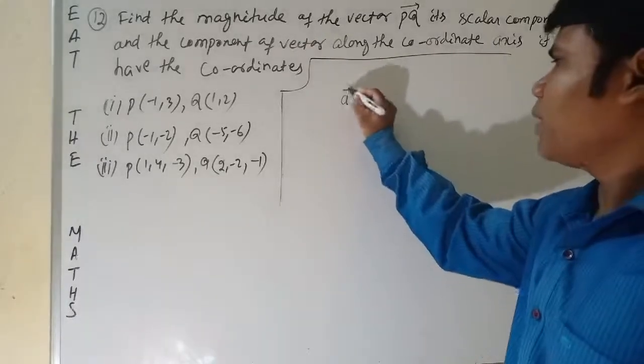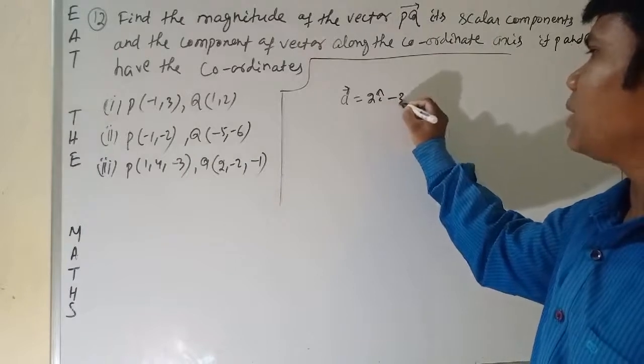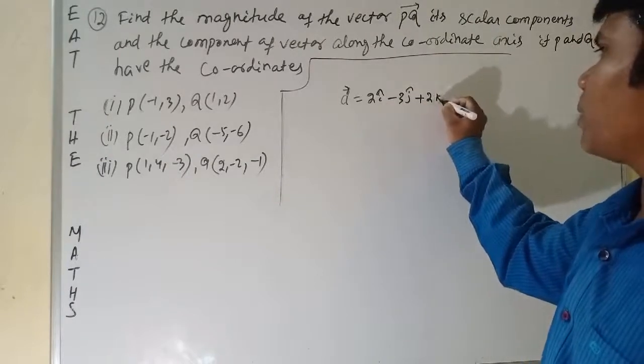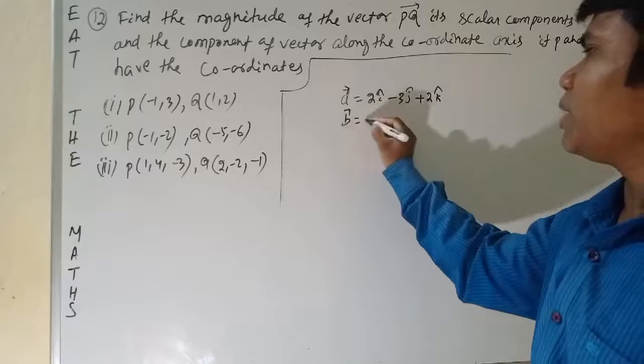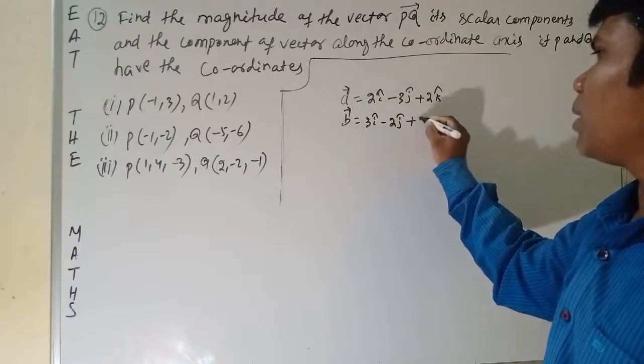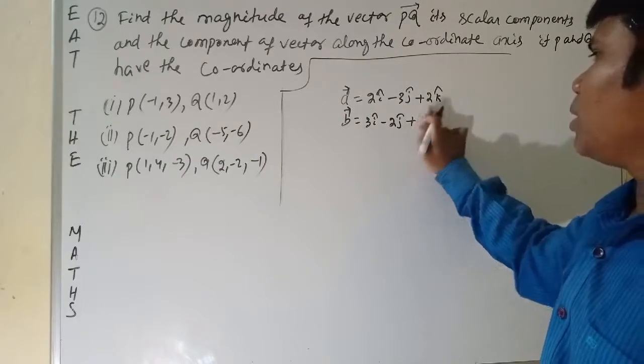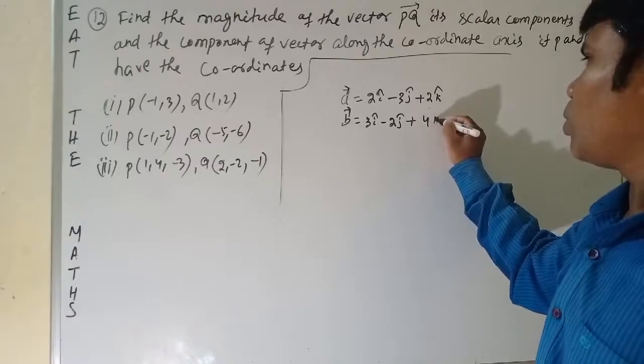Suppose vector a is equal to 2 i cap minus 3 j cap plus 2 k cap. Vector b is equal to 3 i cap minus 2 j cap plus 4 k cap.